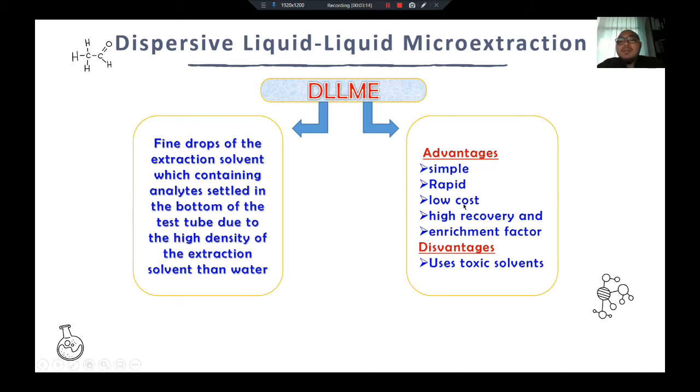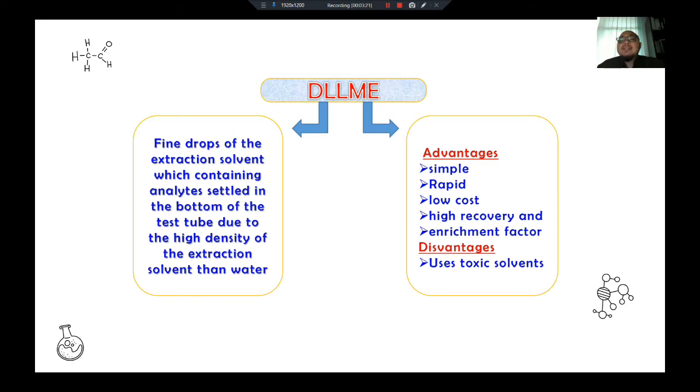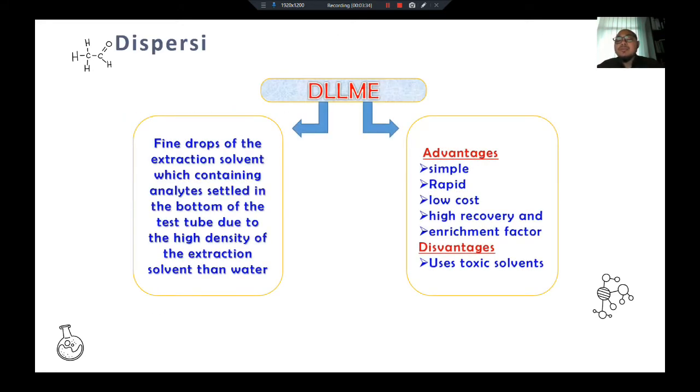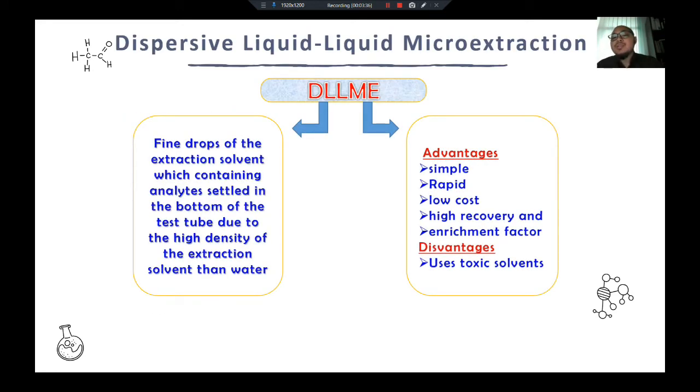Advantages: simple, rapid, low cost, high recovery and enrichment factor. Disadvantage: we use toxic solvent. You know here there are many dangerous ones, like dichloromethane; carbon disulfide is quite toxic. Even though we use minute amounts, it's quite toxic, so you need to be very careful if you use this particular method during the extraction process. The other disadvantage of DLLME is that the sample must be clean enough.